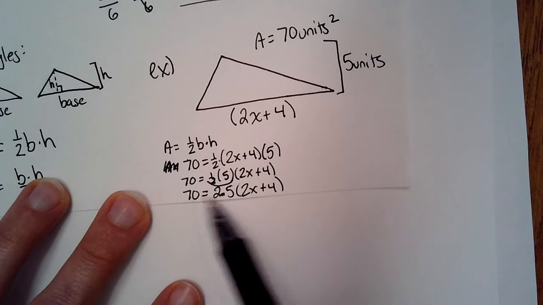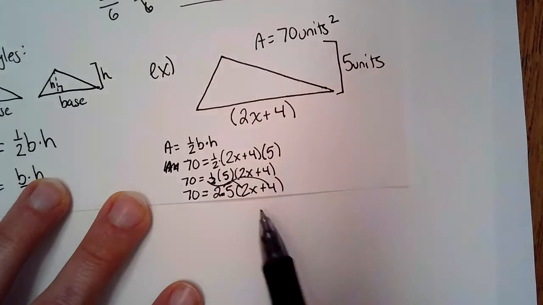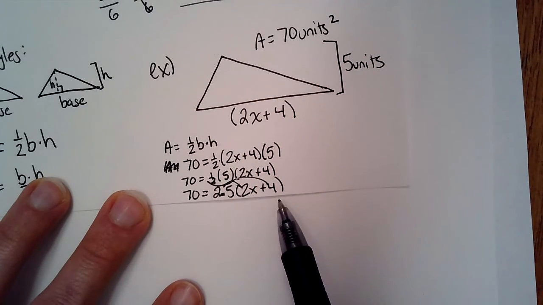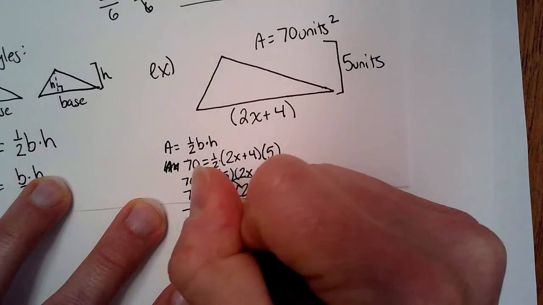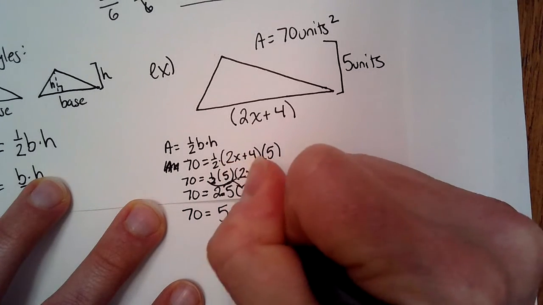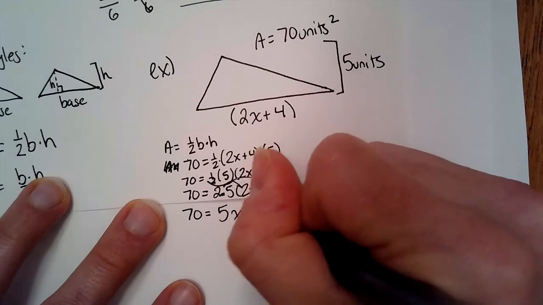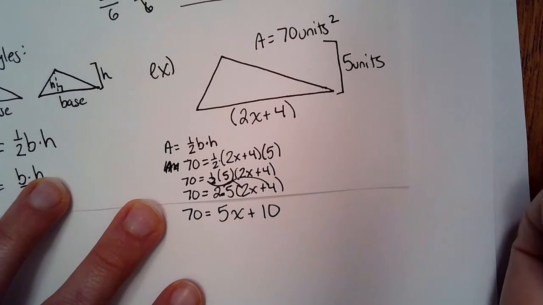And from here, I have two options for solving. I can divide both sides by 2.5 and get rid of that. Or what y'all are probably a little more comfortable with, I can distribute that 2.5. So I'm going to do that. So I've got 70 = 5x + 10, because 2.5 times 2 is 5, so 5x, and 2.5 times 4, I hope I'm doing this right quickly in my head, is 10.